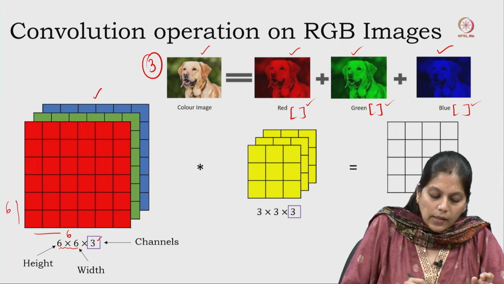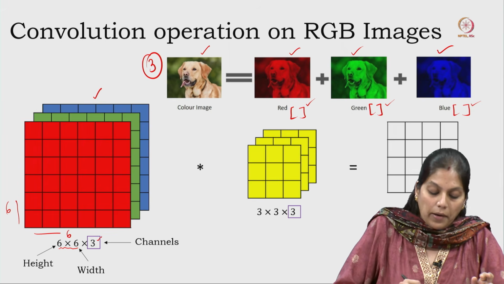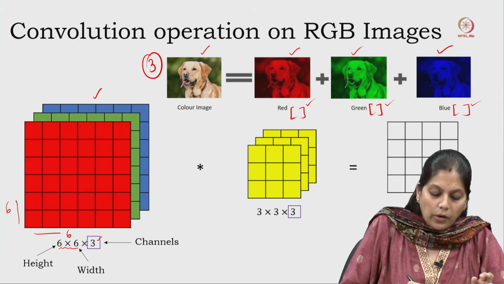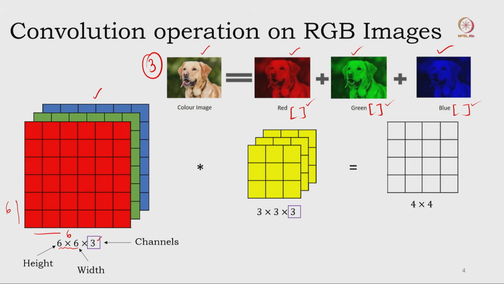There are 3 such channels, 3 such matrices, one each for red, green and blue. Therefore, for an RGB image, in this example, the input dimension is 6 cross 6 cross 3, where 6 is the height, 6 is the width, and 3 is the number of channels. This is how you represent an image in matrix form.